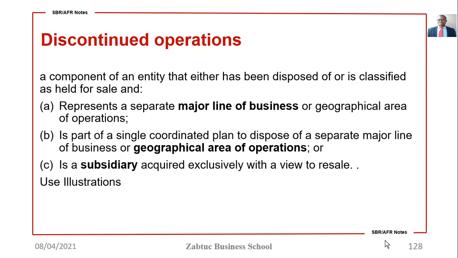Now we go to discontinued operations. This is a component of an entity that has either been disposed of or is classified as held for sale. It should represent a separate major line of business or geographical area of operation. It should form part of a single coordinated plan to dispose of a separate major line of business or geographical area of operations.